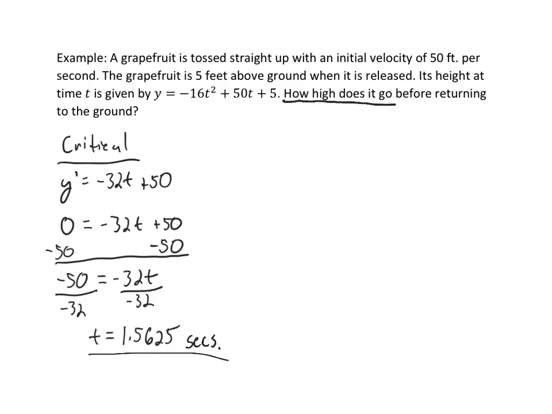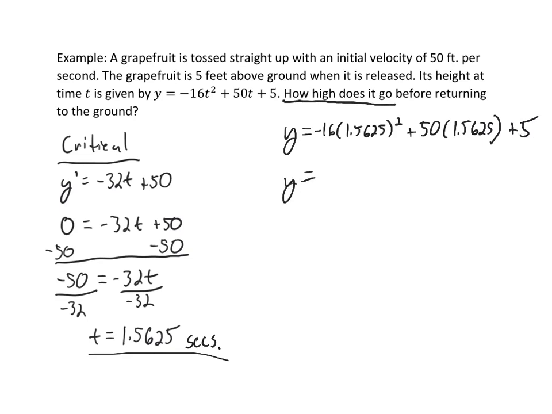The question is, how high does it go? Or in other words, what is the maximum height of the grapefruit? So what we want to do is plug 1.5625 back into the original function. y equals negative 16 times 1.5625 squared plus 50 times 1.5625 plus 5.